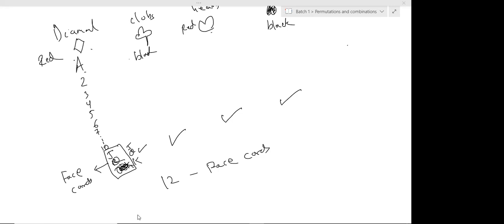No, they can be of any suits, right? They only need to be 4 face cards.